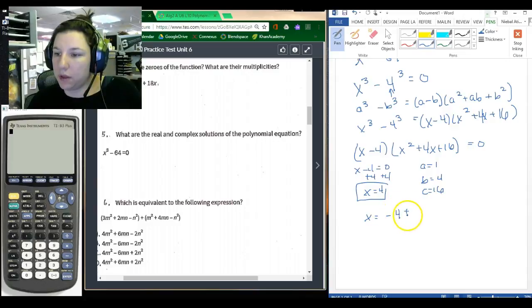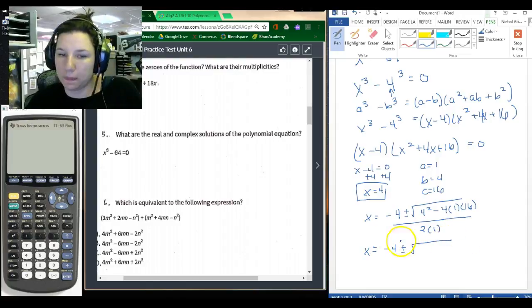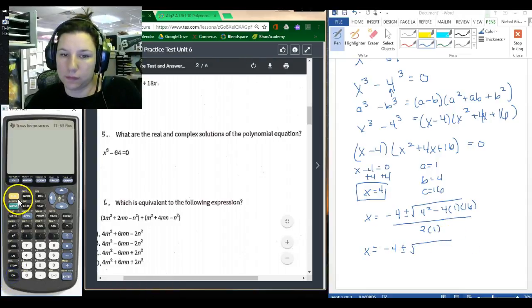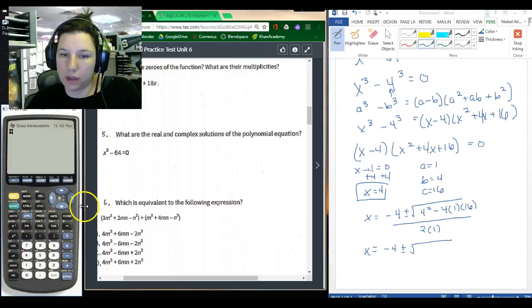Negative b plus or minus the square root of b squared minus 4ac over 2a. And we have 4 squared minus 4 times 1 times 16.